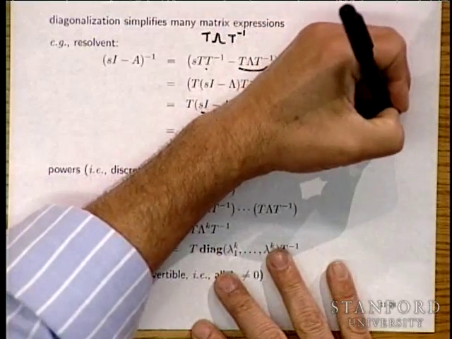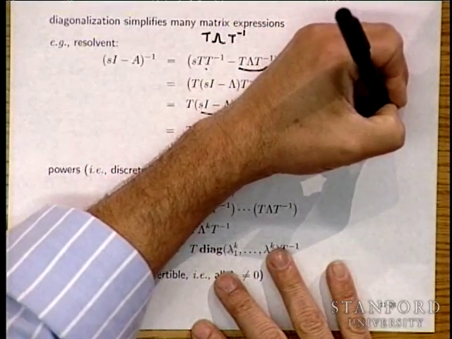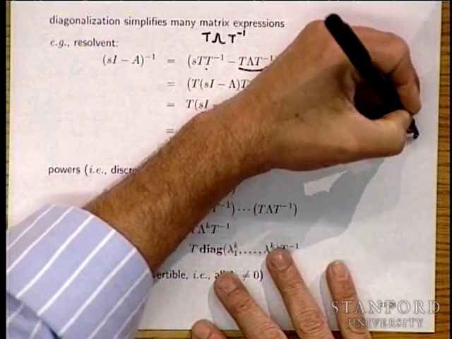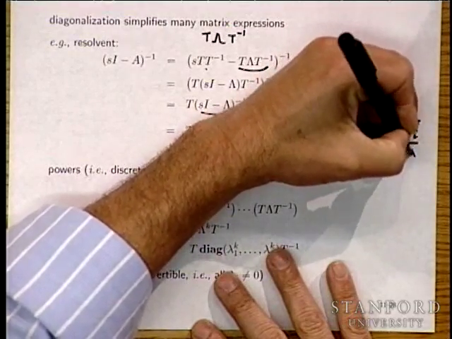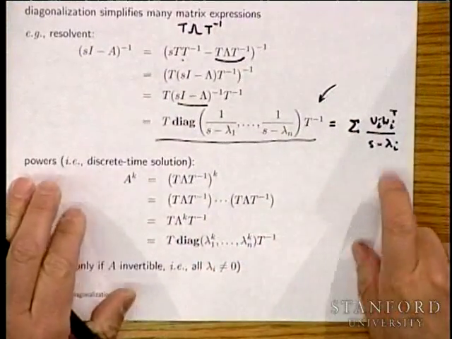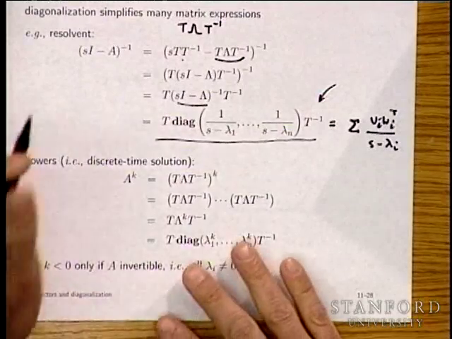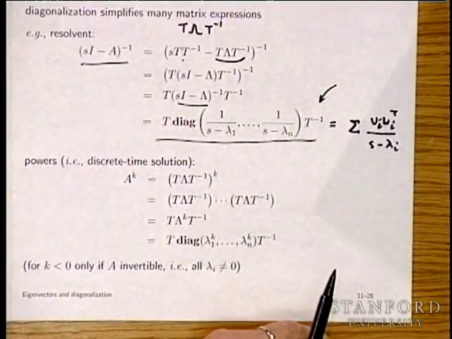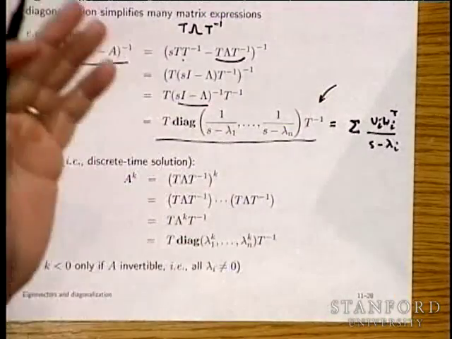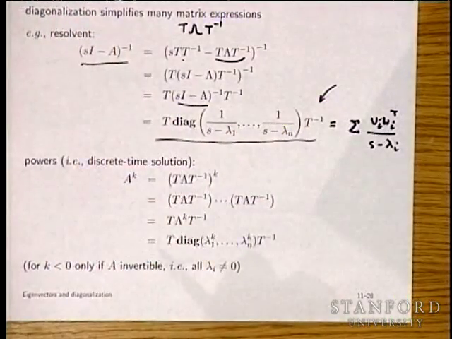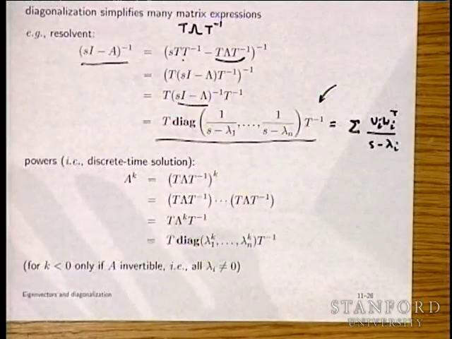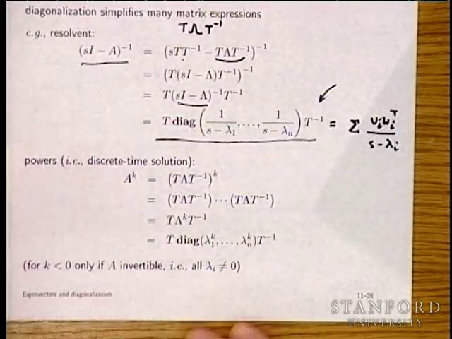So this says the partial fraction expansion of the resolvent is this. It's really quite cool. It's this, and I'm using informal syntax here. So that's the partial fraction expansion. Partial fraction expansion of a rational function is to write it out as a sum of terms, each of which is 1 over s minus a pole.